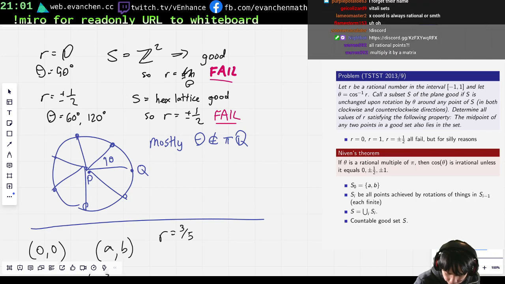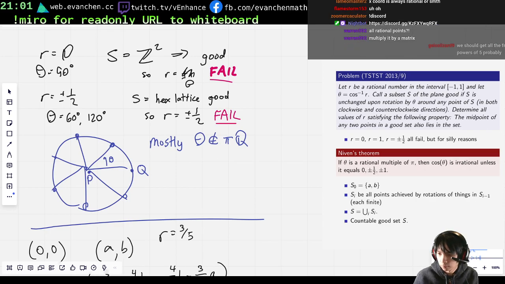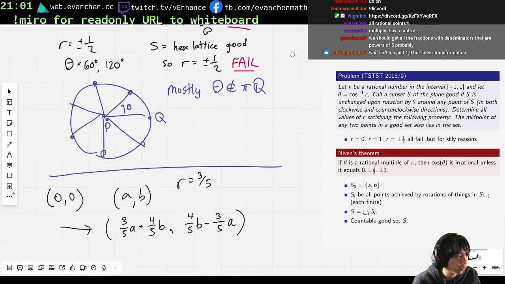So this goes to 3/5 a plus 4/5 b, and 4/5 b minus 3/5 a. Scroll down, right? Yeah, so denominators look like powers of 5, whatever that means.